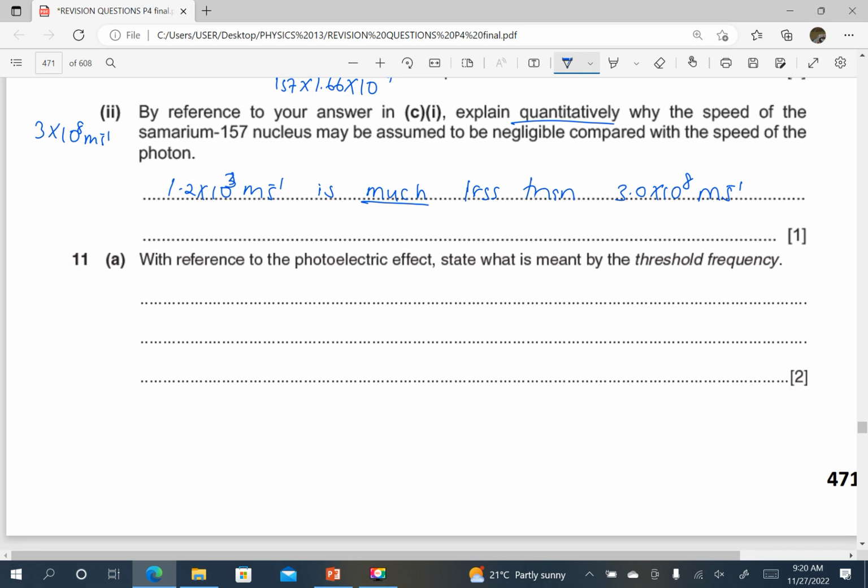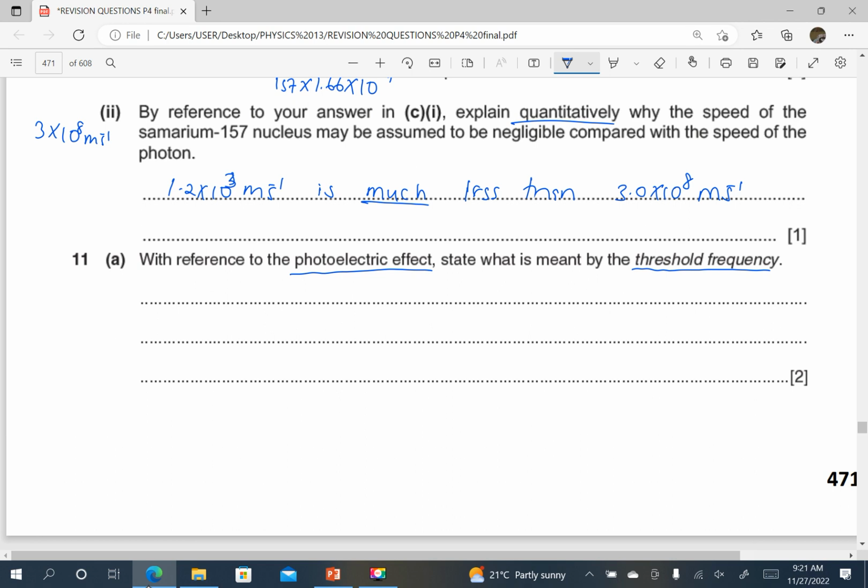With reference to the photoelectric effect or photoelectric emission, state what is meant by threshold frequency. There is a certain minimum frequency below which no photoelectric emission is going to occur. There is a certain frequency below which no release of electrons can occur, and that frequency is what you call the threshold frequency in your quantum physics classes.